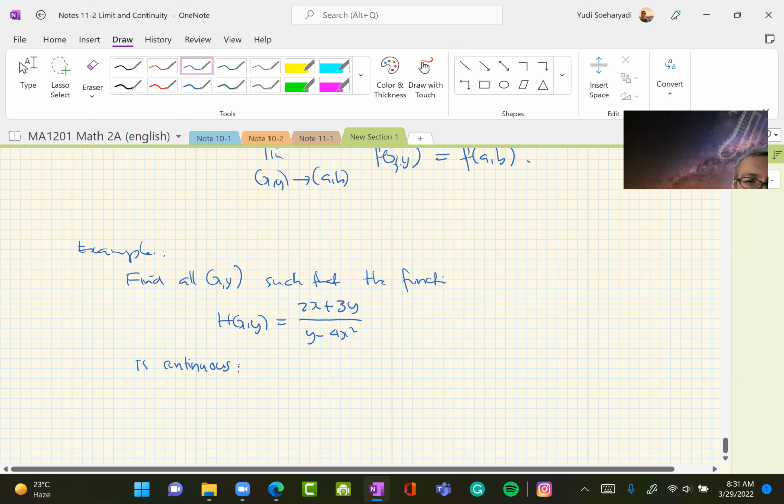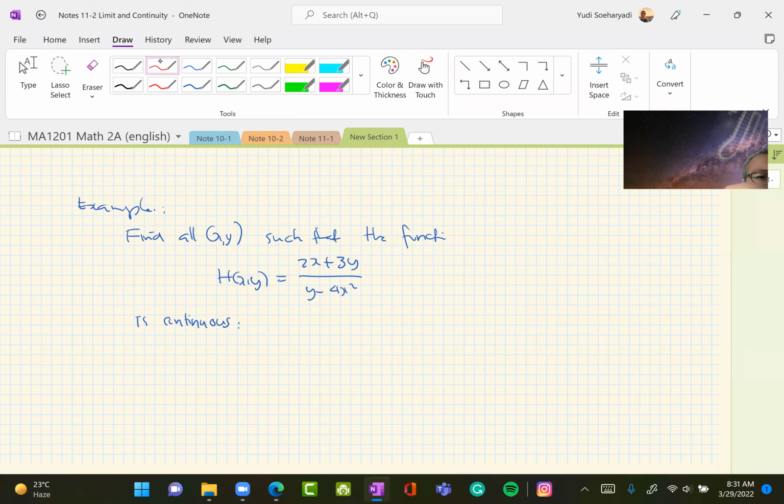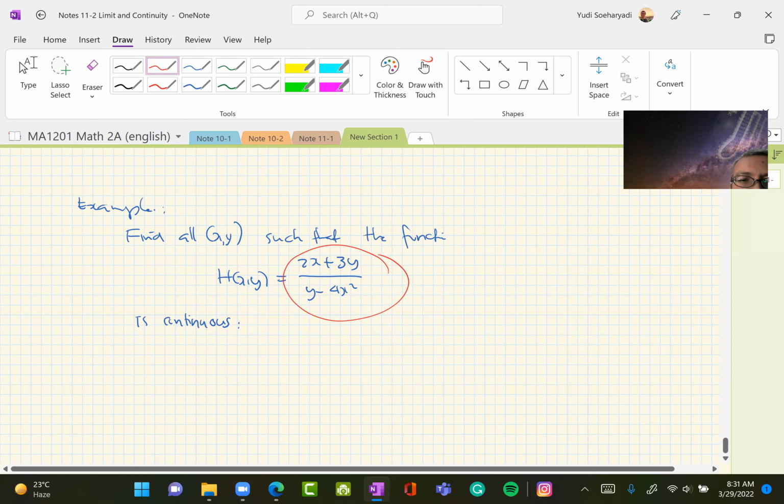All right, so we notice this is a rational function.